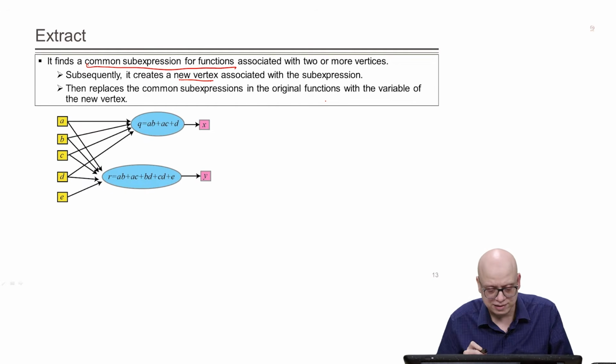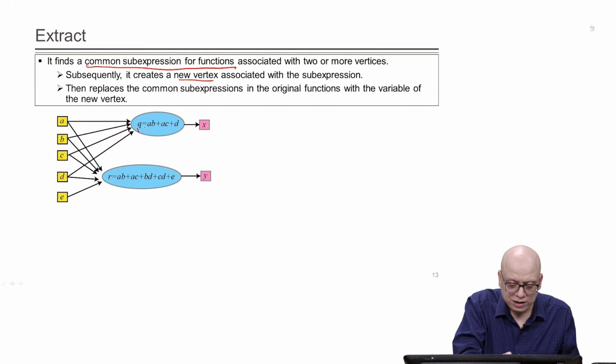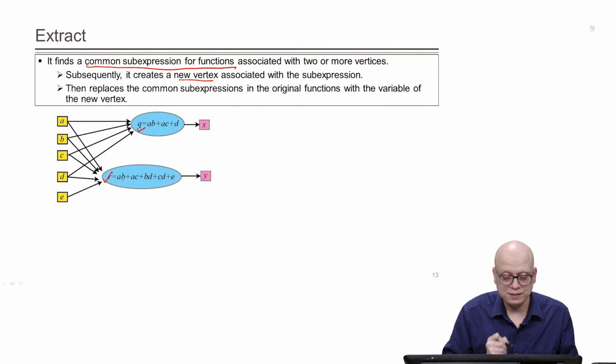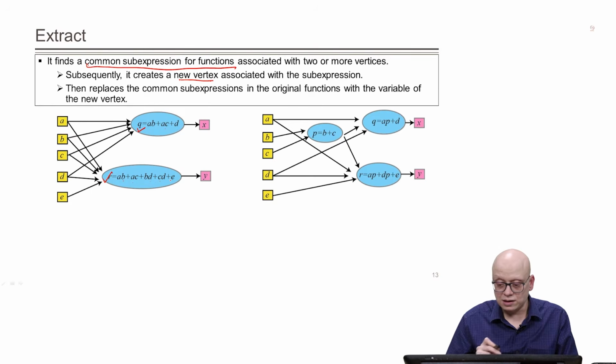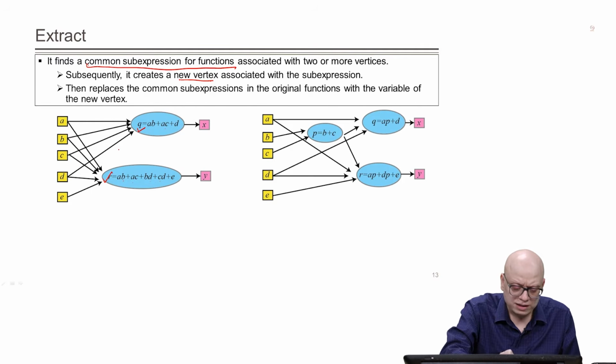So let's take an example. We have a vertex q which is ab plus ac plus d, and we have another vertex r equal to ab plus ac plus bd plus cd plus e. We can see that b plus c is a common sub-expression which is present here also and here also.